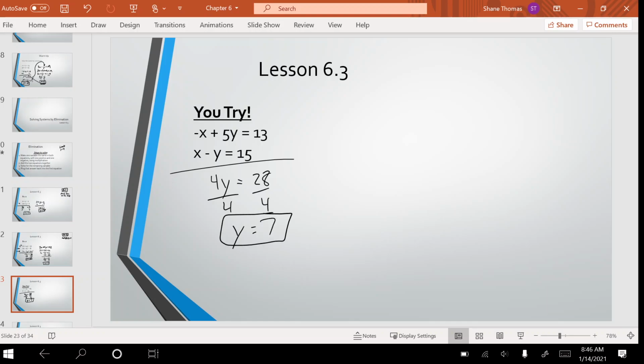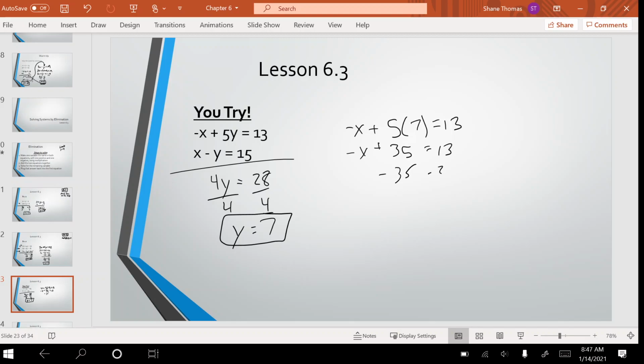After you get the first one, you plug it back into one of the originals. What do you want to go, top or bottom? You did top, all right. So we have negative x plus 5 times 7 equals 13. What's 5 times 7? 35 equals 13.